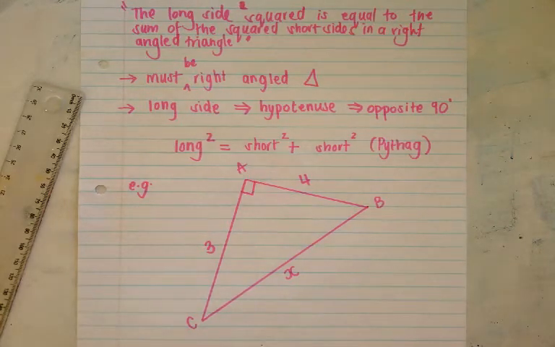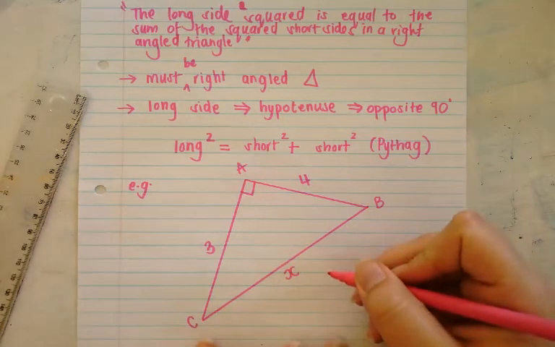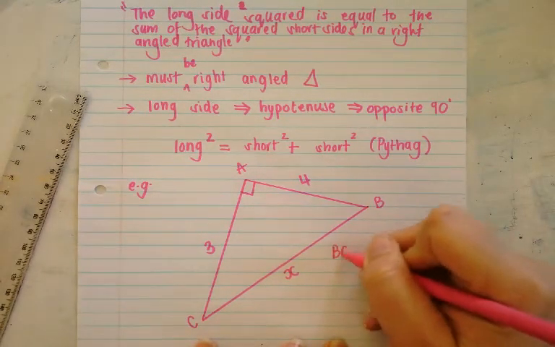So, my long side. What is the name of my long side? Hypotenuse. And if I have triangle ABC using 2 letters, which is my hypotenuse? CB or BC, doesn't matter which order, right? So I would write BC squared.